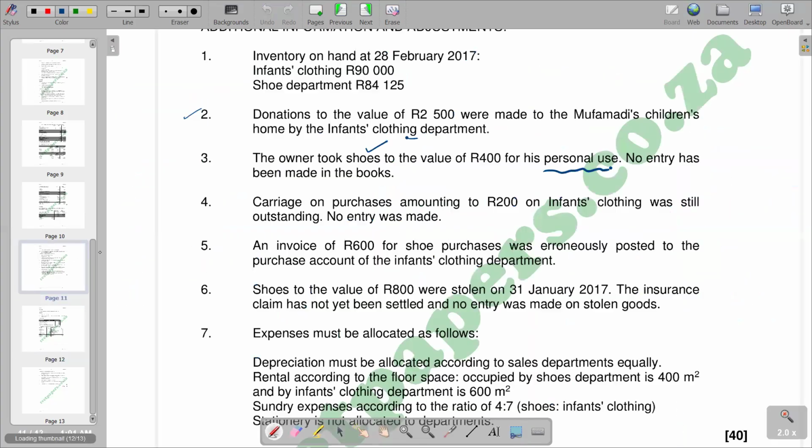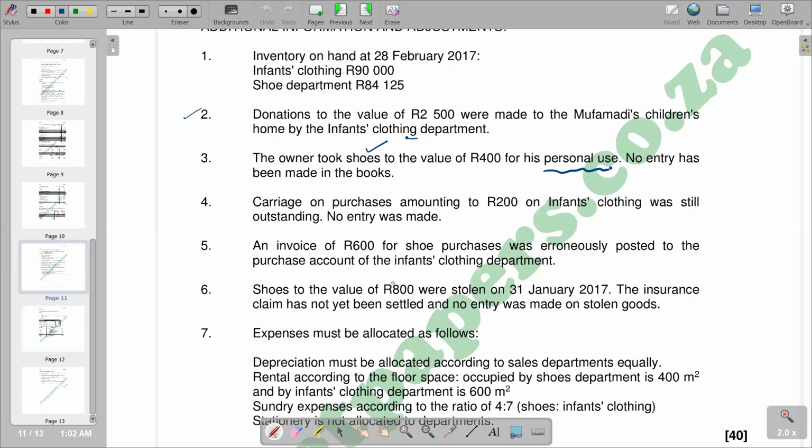And after that, we go to the next adjustment, which is saying shoes to the value of 800 rands. Shoes with a value of 800 rands were stolen on 31 July 2017. The insurance claim has not yet been settled and no entry was made for the stolen goods. So we are seeing that these are shoes that were stolen. So it's a negative in the column of shoes, it's a reduction in the column of shoes. So it's going to be a minus.